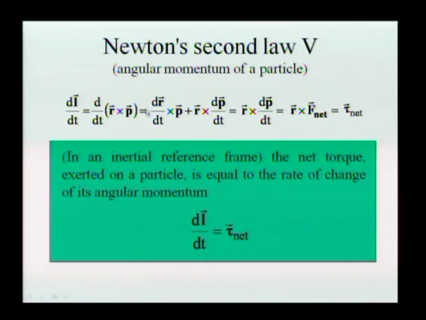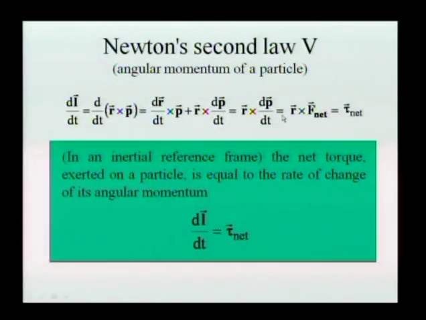Not that this product is 0. Here? Right here? Right here, correct. Over here, I use the fact that it has to be in an inertial reference frame. How can you see this? Because I use the second version of Newton's second law, which requires inertiality of the reference frame.